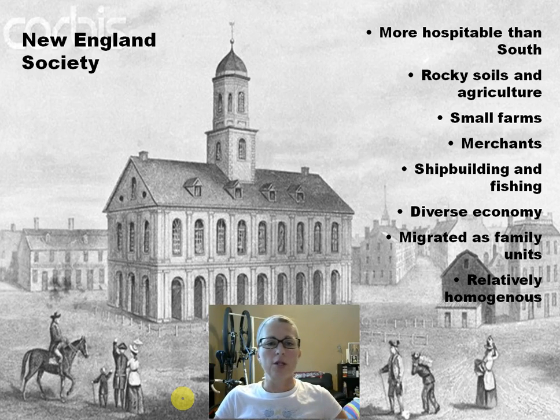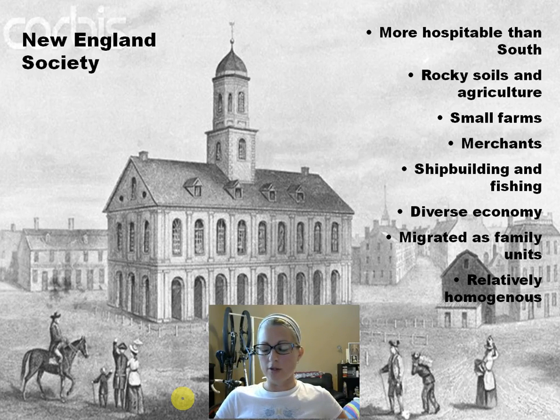So let's go ahead and focus on New England society and compare and contrast that to the Chesapeake and the South. Definitely New England was more hospitable than the South. The huge difference you're going to see is the type of agriculture practiced in New England. Now remember, agriculture was the main economic activity of all the colonies, regardless of region.